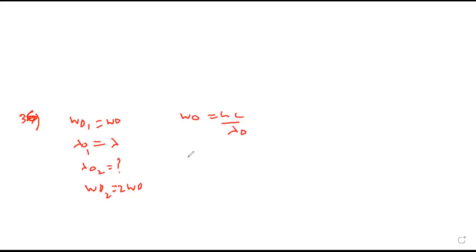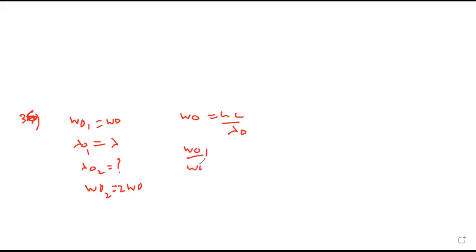So 36. The threshold wavelength for a metal having work function W0 is lambda 0. What will be the threshold wavelength for the metal having work function double of W0? Work function is hc by lambda 0.